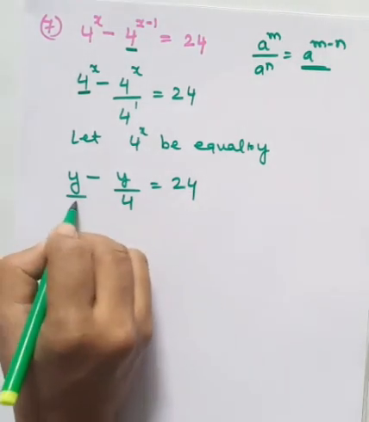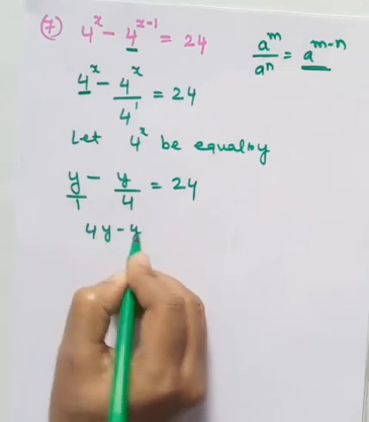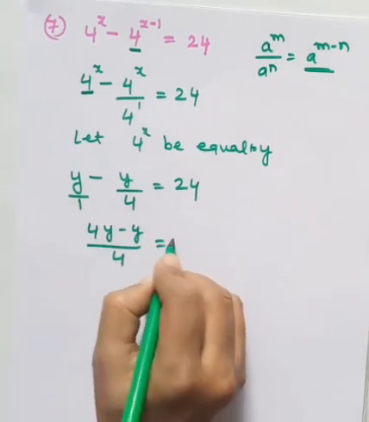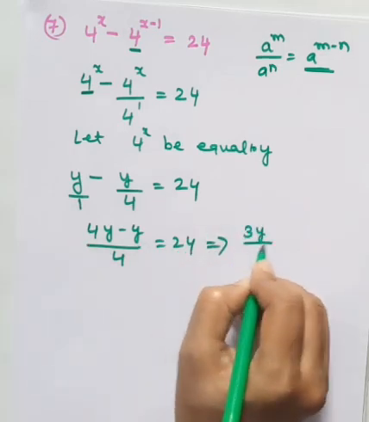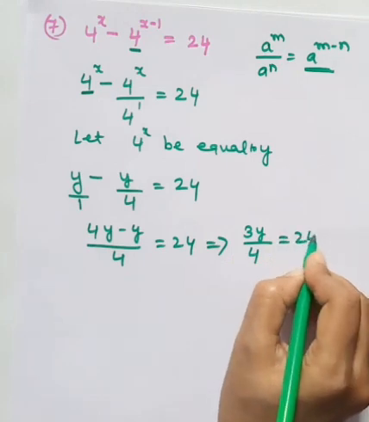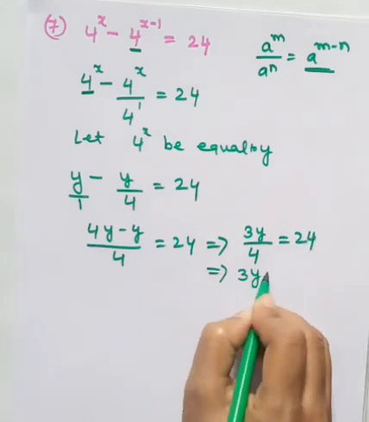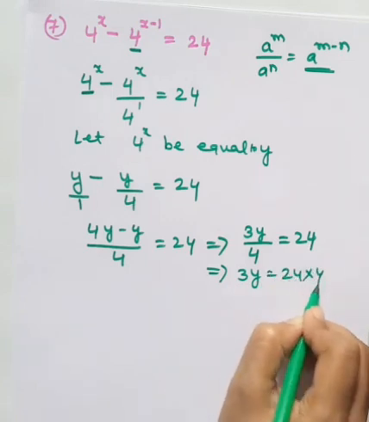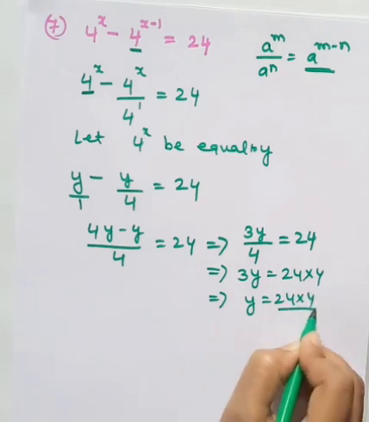You can solve it easily. Your LCM is 4, so 4y minus y by 4 will give you 24. Now this implies 4y minus y is how much? 3y by 4 is equal to 24. What does this imply? This implies 3y is equal to 24 into 4, and this means that y is equal to 24 into 4 by 3.